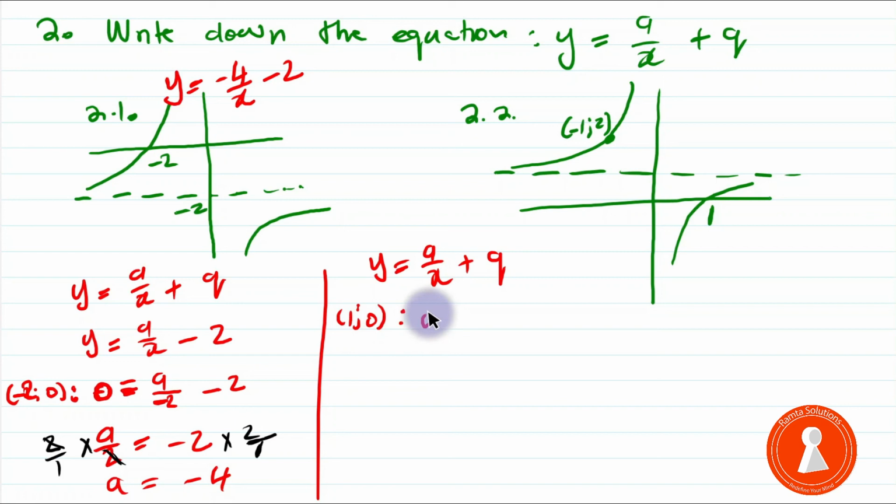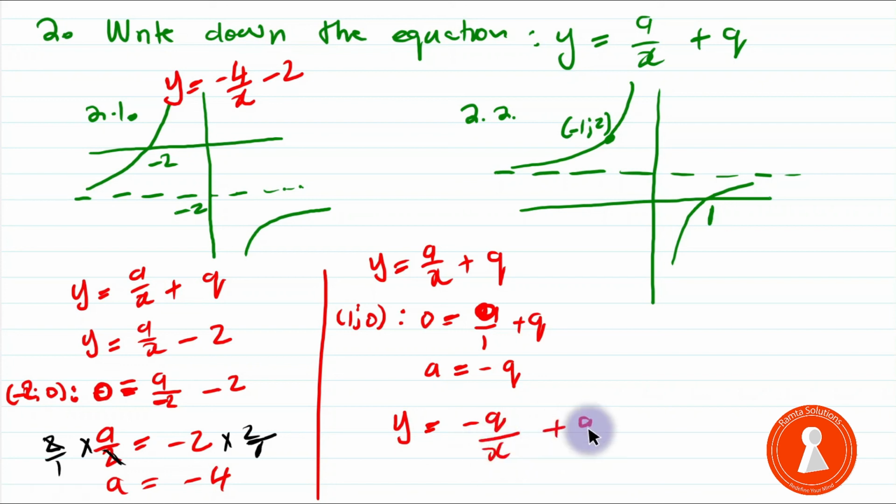So let's see. 0 equals a over 1 plus q. Right? So what do we have? We have a equals -q. Can you guys see that? Alright. Now, what does it mean? It means now we can say y equals -q all over x plus q.